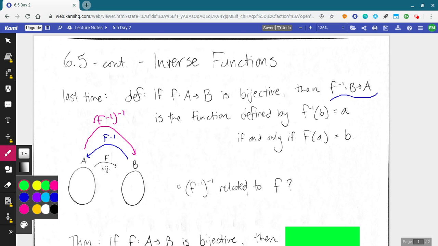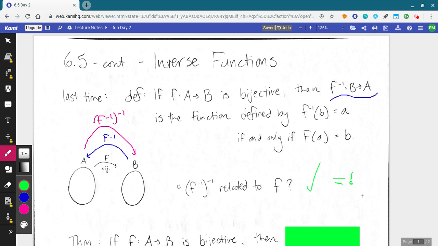All right, and the answer to this is heck yes, they are related. And in fact, thinking about the flipping arrows idea, if we reverse f's arrows direction and then reverse those, right, we're going back exactly the same as we were before. These should be dead on equal as functions.